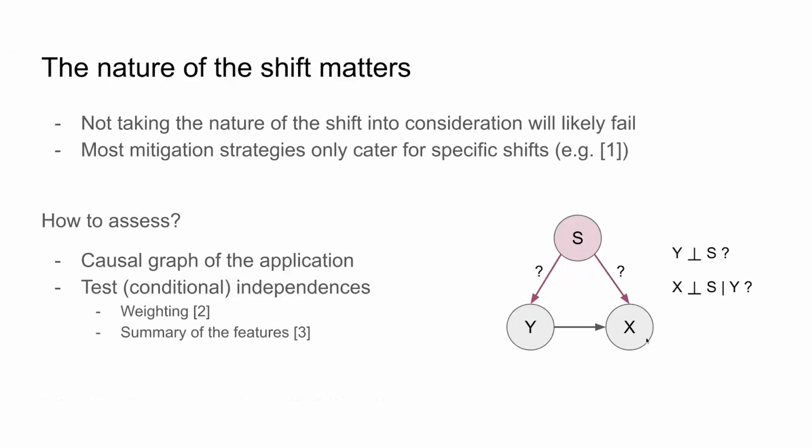And what we use as a summary for X is a classifier. In this case, it's just our predictive model that we would use, applying X to predict Y. And that gives us a one-dimensional summary, or whatever dimension Y has, and we can then test that more easily.